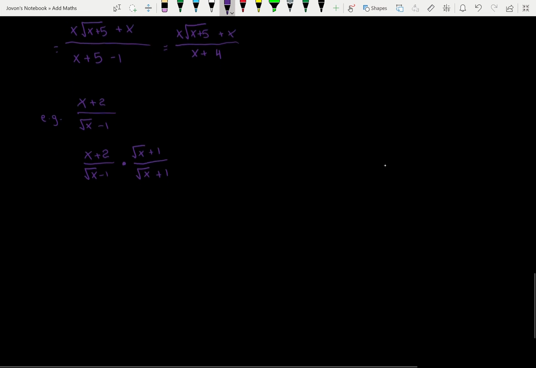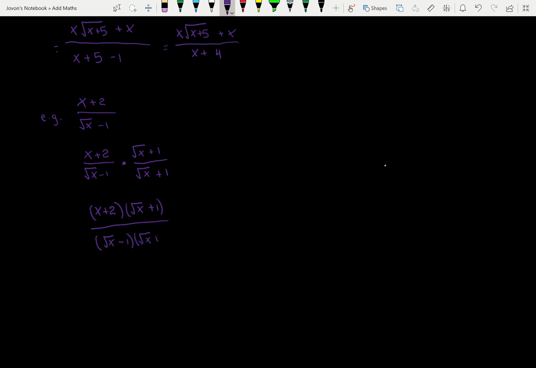Okay, this here now is equal to x plus 2 square root of x plus 1 all over root x minus 1 multiplied by root x plus 1.